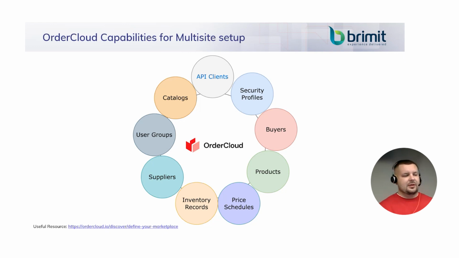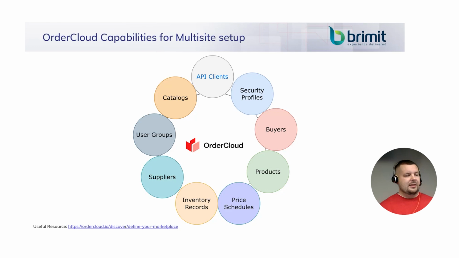You can create multiple buyers, also buyer users, which can be combined into buyer user groups. For these user groups, we can create catalogs and assign them to the user groups, so users can see different catalogs. Suppliers are also available in OrderCloud. We can create multiple suppliers.